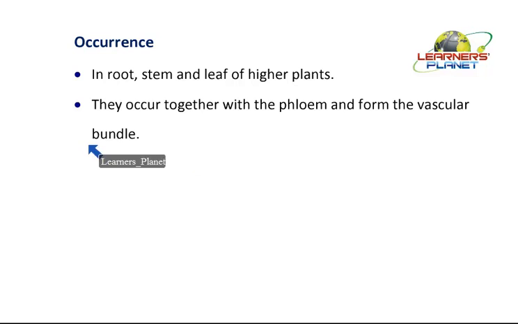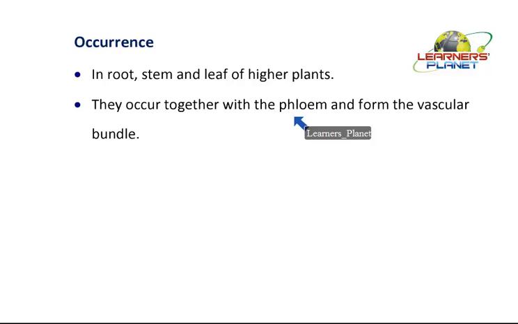Now we can say that they are not present alone. They are present together with the phloem. That means phloem and xylem are different kinds of tissue meant for conduction of different material, but they are located together in a particular region.